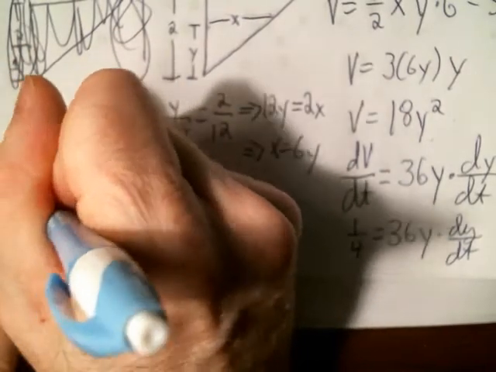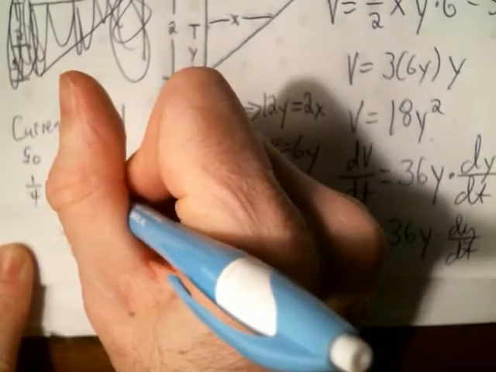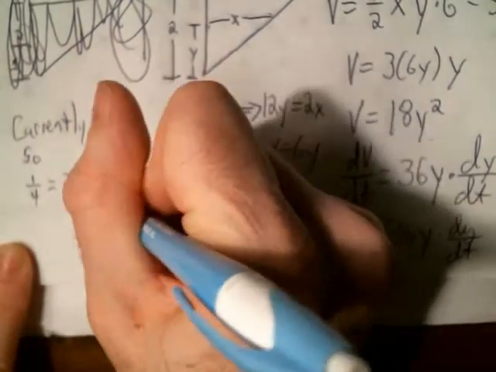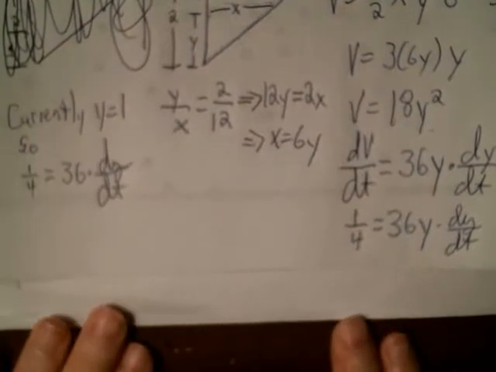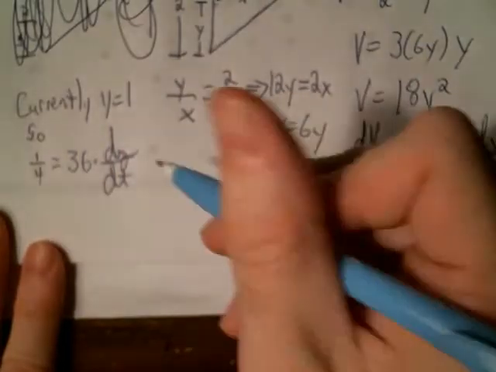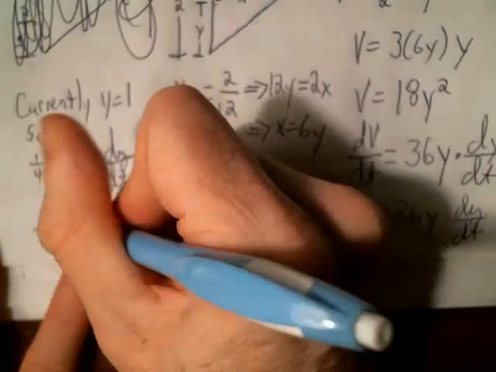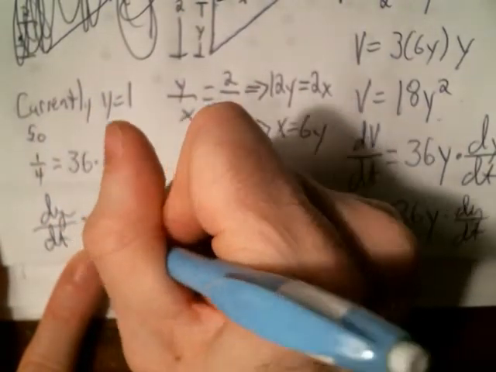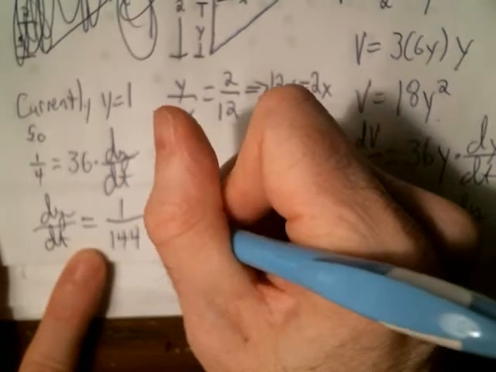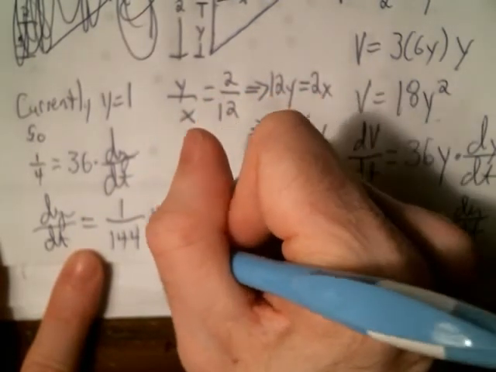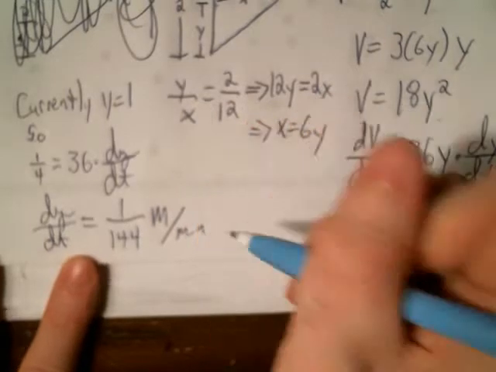So we get 1/4 equals 36 times 1 times this unknown rate of change that we're after. Divide both sides by 36, and so you get the rate of change of the depth of the water is equal to 1 all over 144 meters per minute. So it's really changing in a slow way.